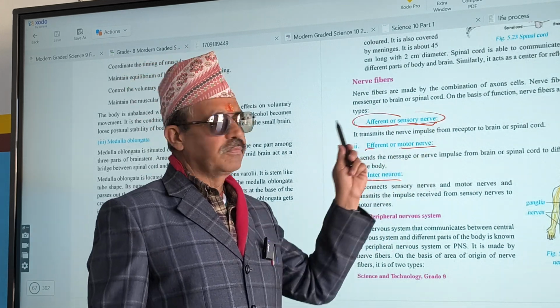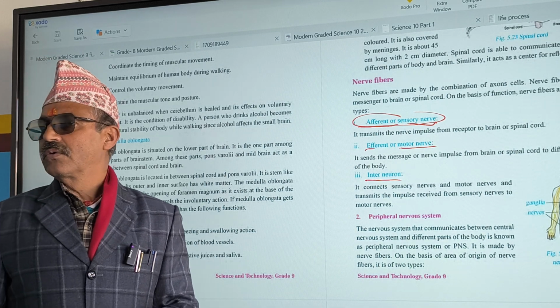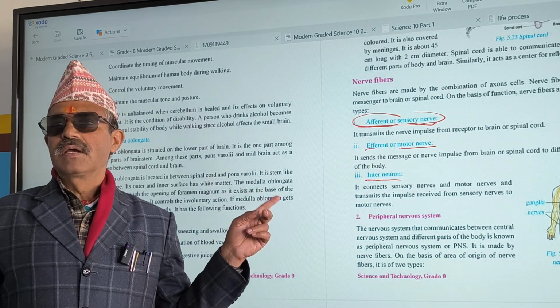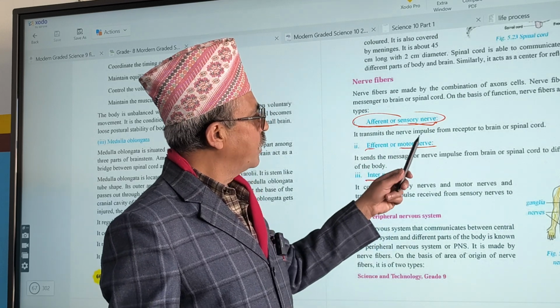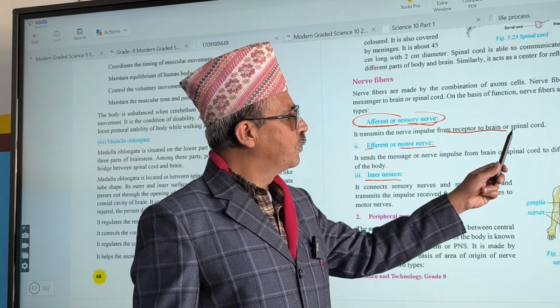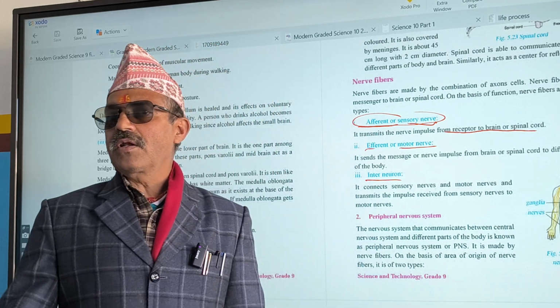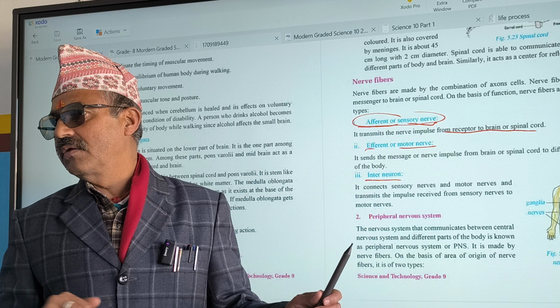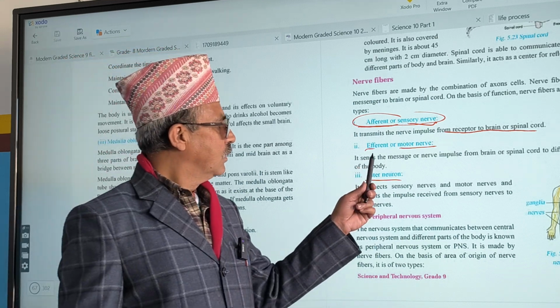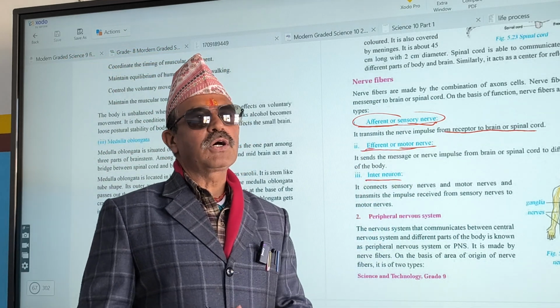What is afferent nerve? What is its function? It transmits message or nerve impulse from receptor to brain and spinal cord, or it carries message from sense organ to brain or spinal cord. One way. What is the efferent or motor nerve?